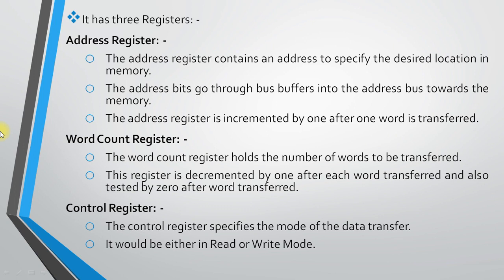The word count register counts the number of words to be transmitted. It is decremented by 1 when you transfer one word at a time. It reaches 0 when all the data has been transferred. The control register is used to specify the mode of data transfer. The mode may be read or write.